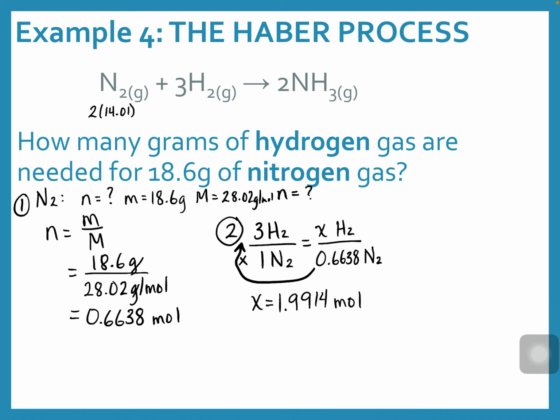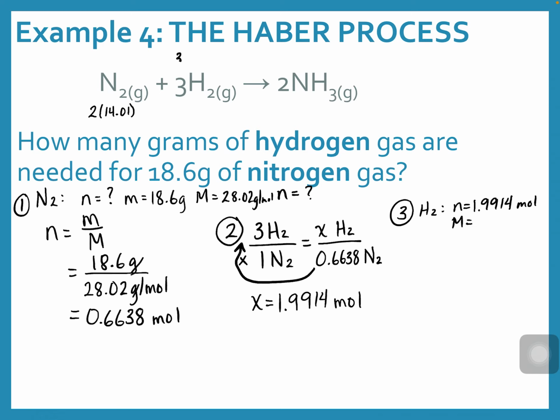So now that I know my moles of hydrogen, my last step is going to be to calculate the mass. My number of moles is 1.9914. And then I need my molar mass.